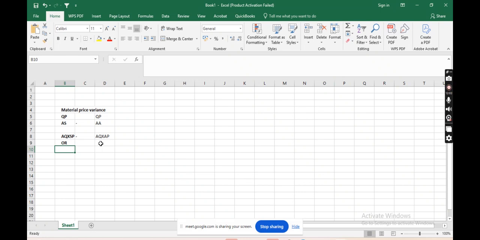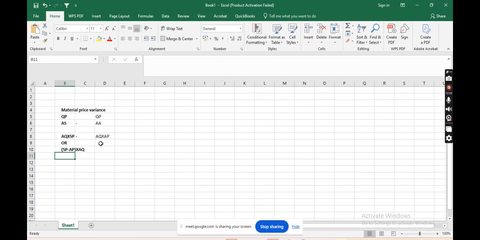Now, AQ is common, so you can decide to say standard price minus actual price, times AQ.